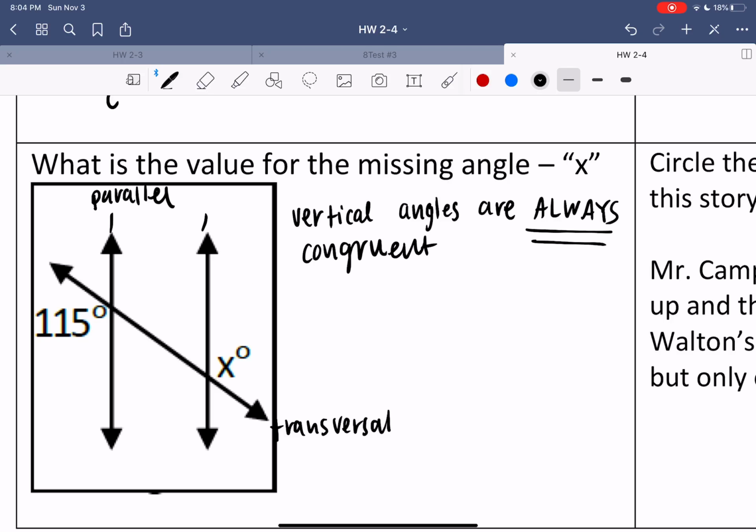So if we know that this is 115, and then we know that a transversal creates 4 angles that are going to be the same as these 4 angles, we'll be able to determine what x would be from there.